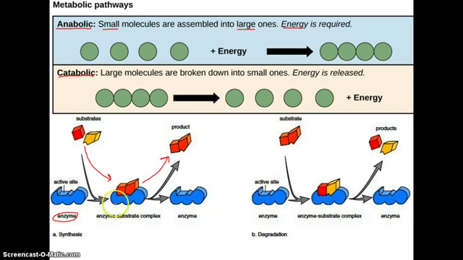Okay. On the flip side, a catabolic process is just the exact opposite. It's taking large molecules and breaking them down into smaller molecules, and it's a process that is releasing energy. Now that process can be facilitated and sped up by the use of a catabolic enzyme. So again, we have another type of enzyme here where we're starting with our reactants.